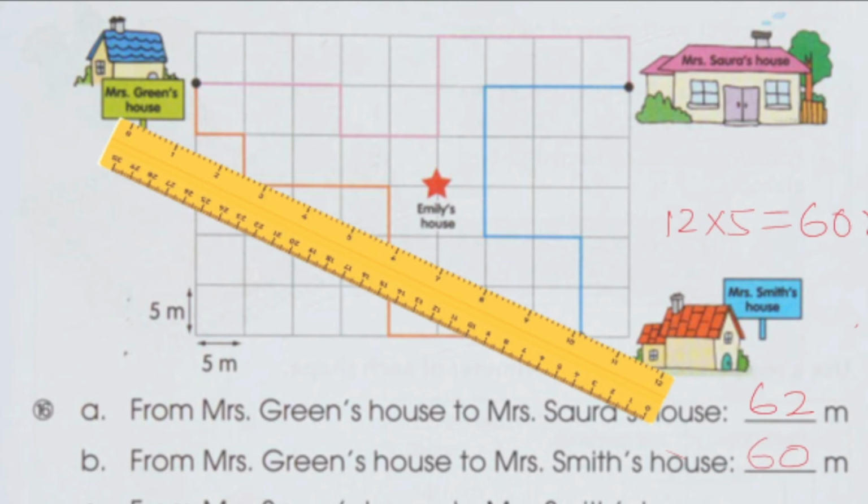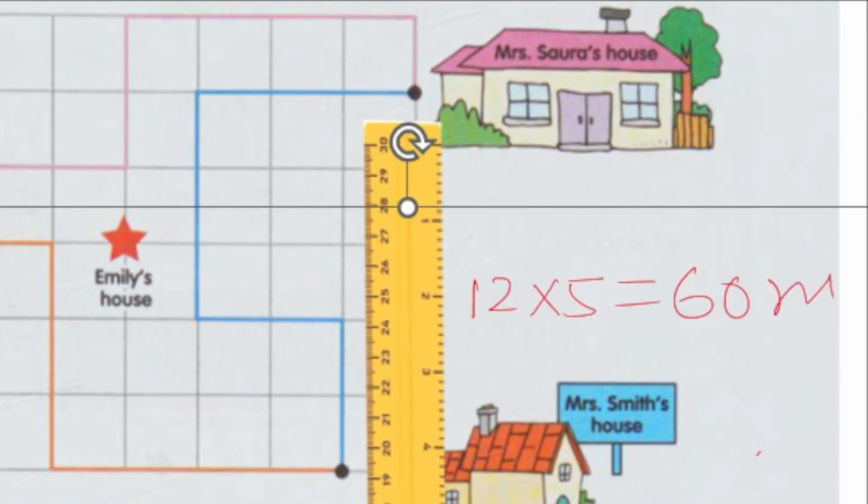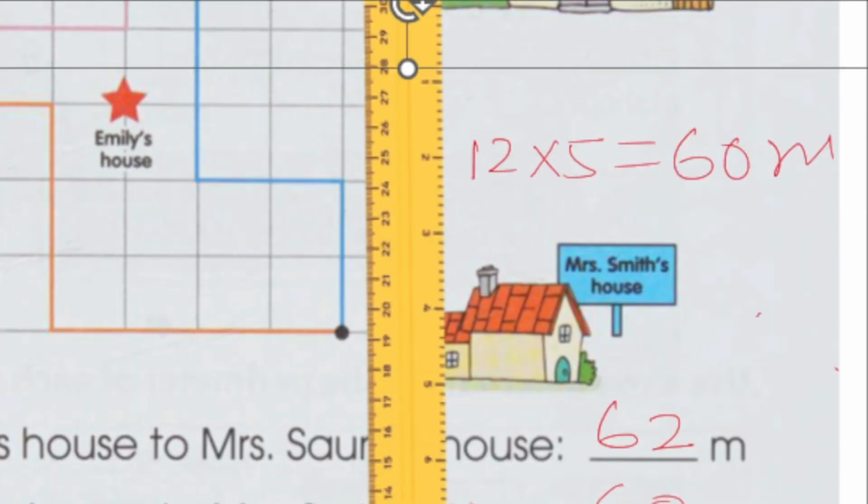Now they are asking from Sora's house to Smith's house. That means between these two houses, that I will fix now. So now I have fixed the scale between Sora's house and Mrs. Smith's house.